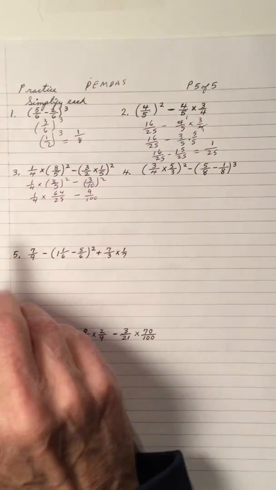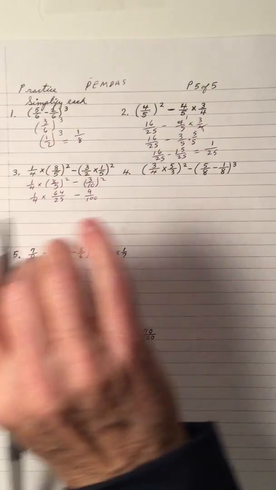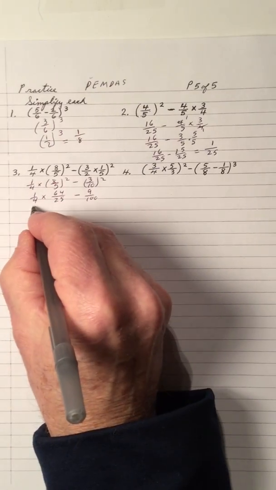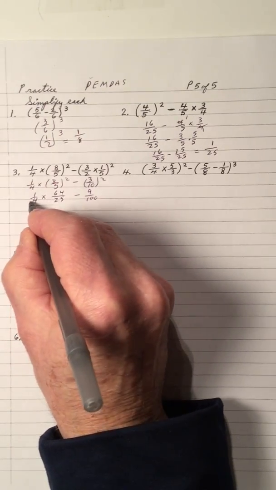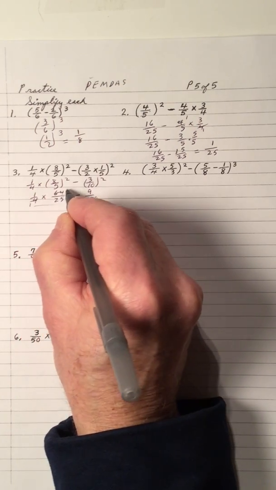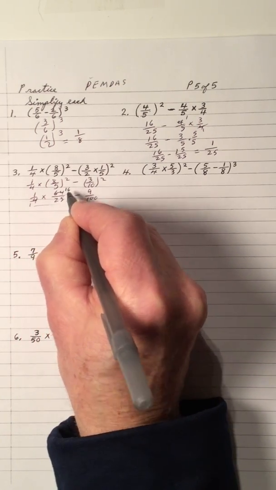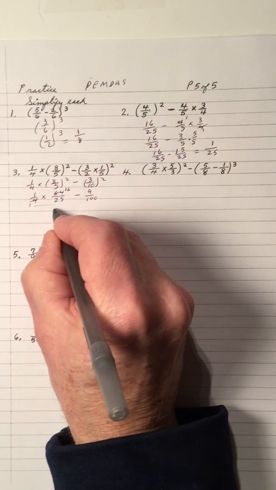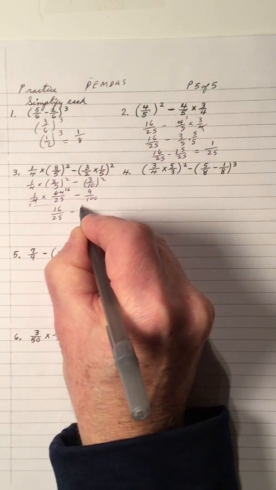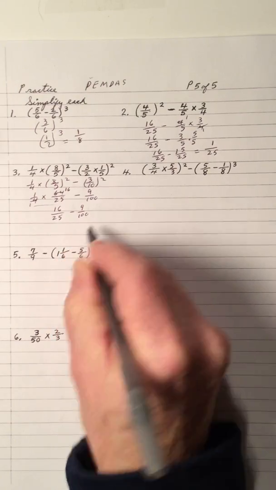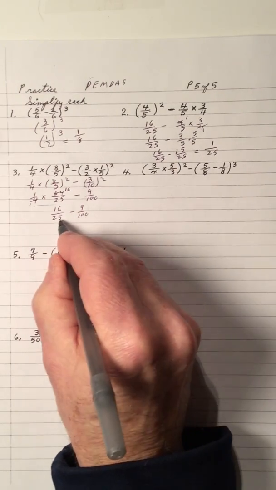Now I have to do multiplication and division left to right. Left to right. So I have to multiply before I subtract. So right here I see a 4 into 4 goes once, 4 into 64 is 16. So I have 1 times 16 and 1 times 25. Common denominator is 100.